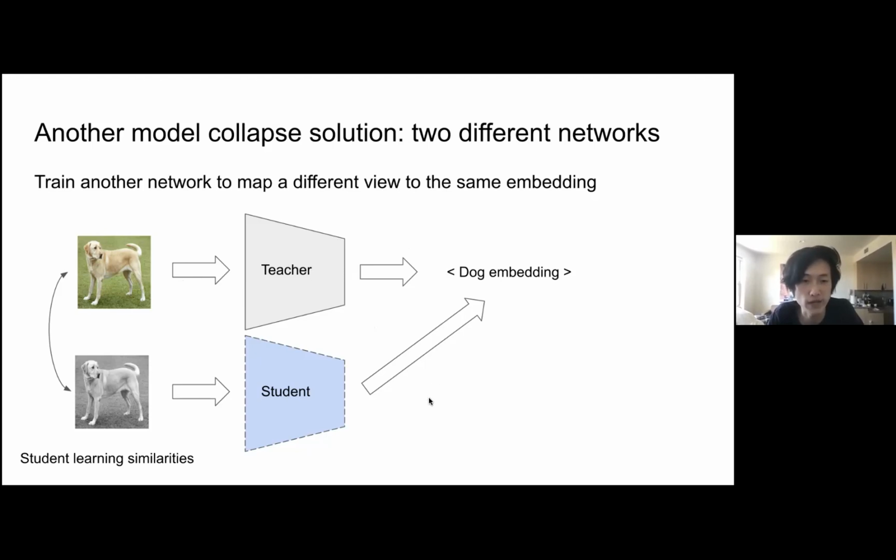But if you do this many times and eventually replace the teacher with that trained student, then the teacher is better at mapping similar things, because that's what it was trained to do when it was a student.